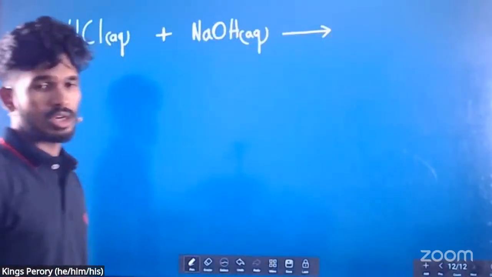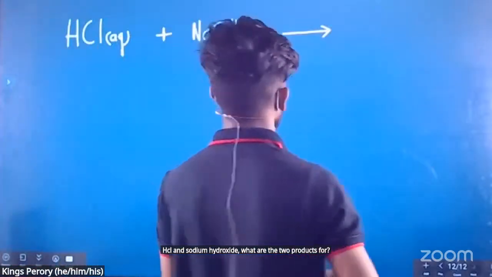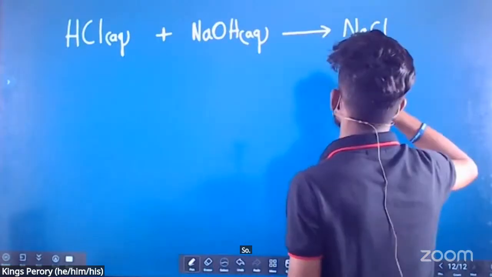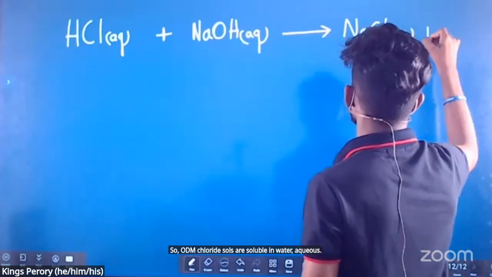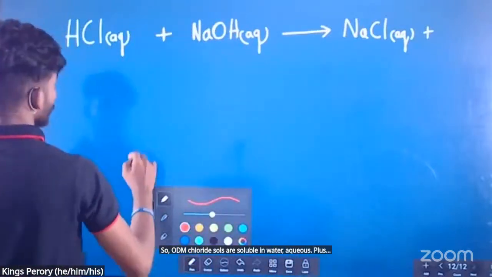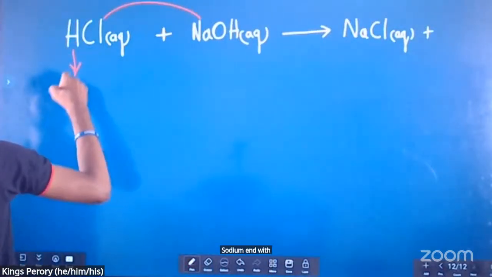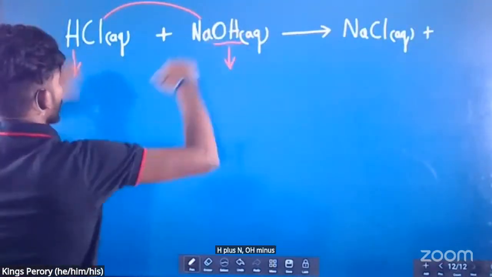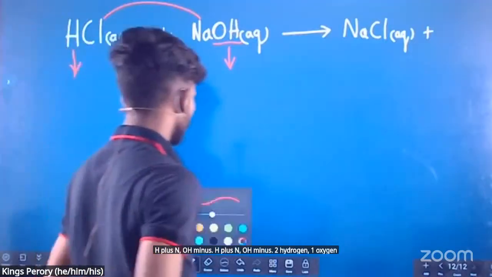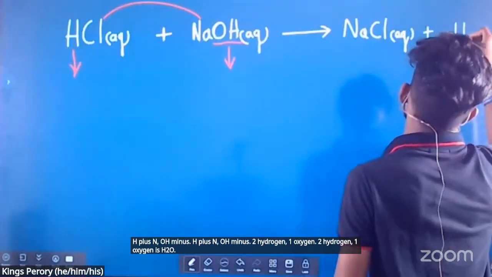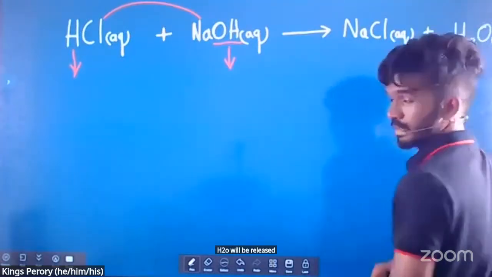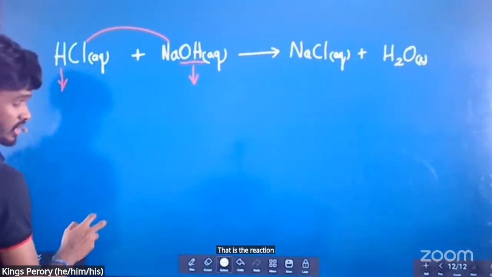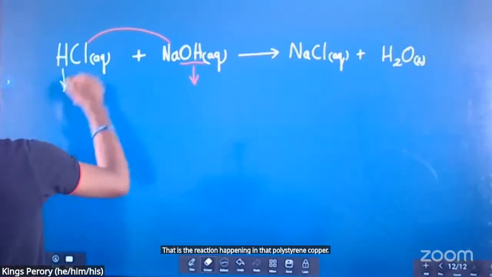Sodium will join with chlorine: sodium chloride, salts are soluble in water, aqueous, plus H plus and OH minus will be released. 2 hydrogen, 1 oxygen is H2O, released in liquid state. That is the reaction happening in that polystyrene cup.